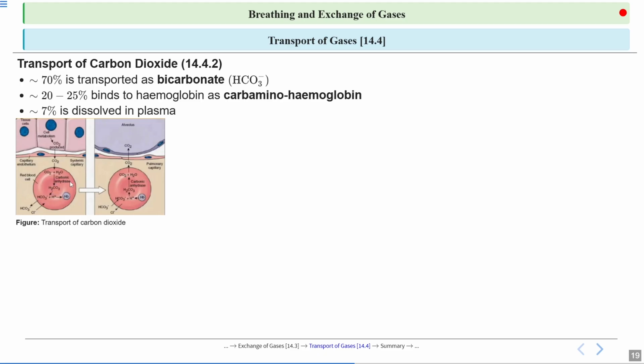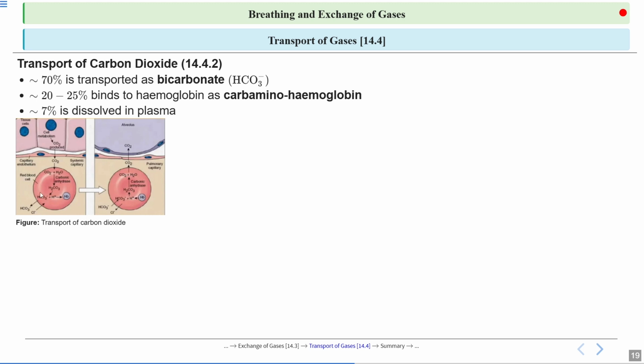H2CO3, in the presence of the enzyme called carbonic anhydrase, is broken down as HCO3 minus ion and H plus ion, right? So 70% of it is transported as bicarbonate.